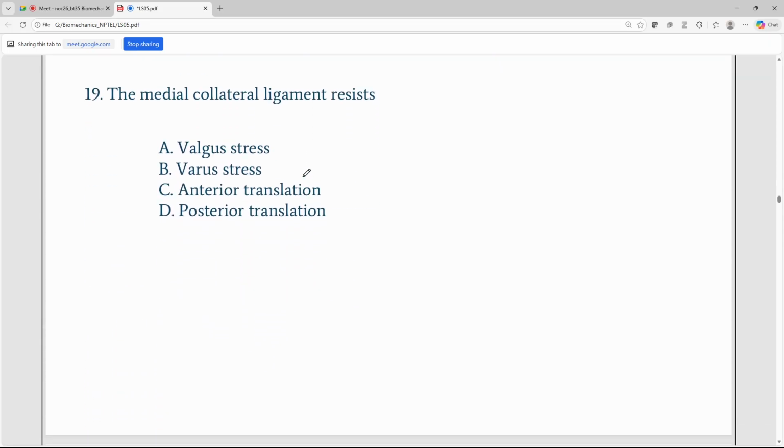Next question. The medial collateral ligament resists which of the following? Options are valgus stress, varus stress, anterior translation, posterior translation. Once again, which of the following will the medial collateral ligament resist?